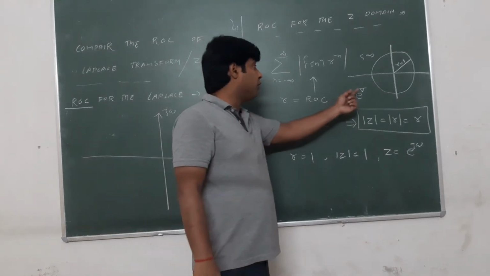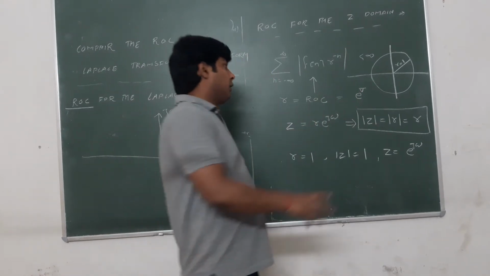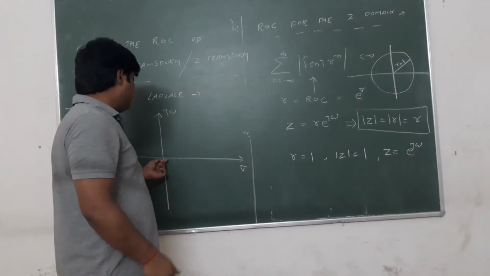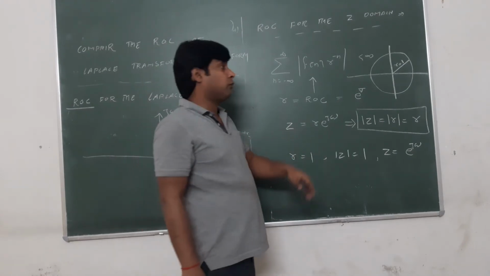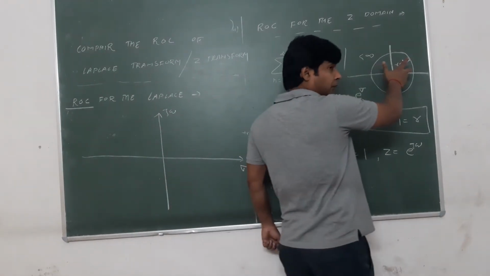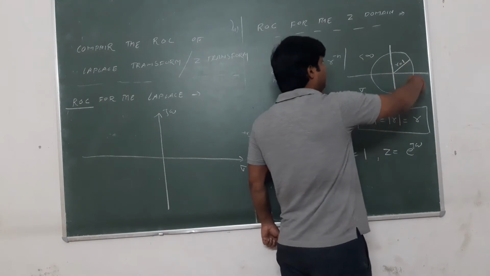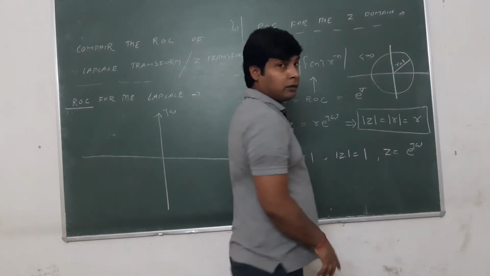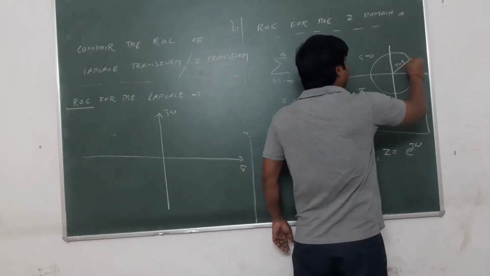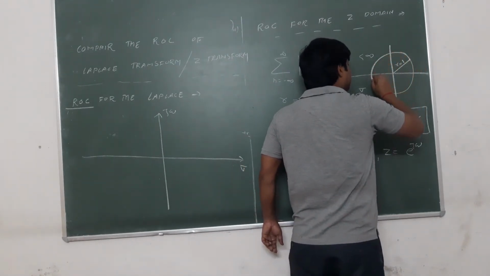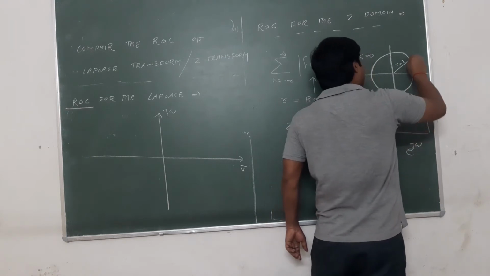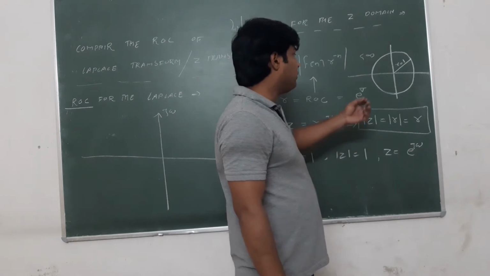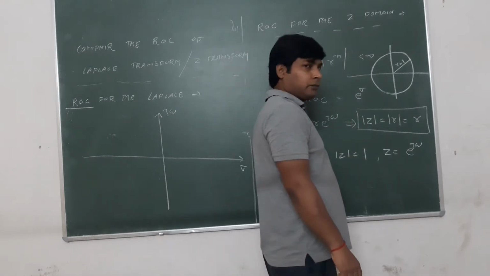If sigma is equal to 0, it is a unit circle with radius 1, and the point will move in this circle. This is the ROC with respect to sigma equal to 0.